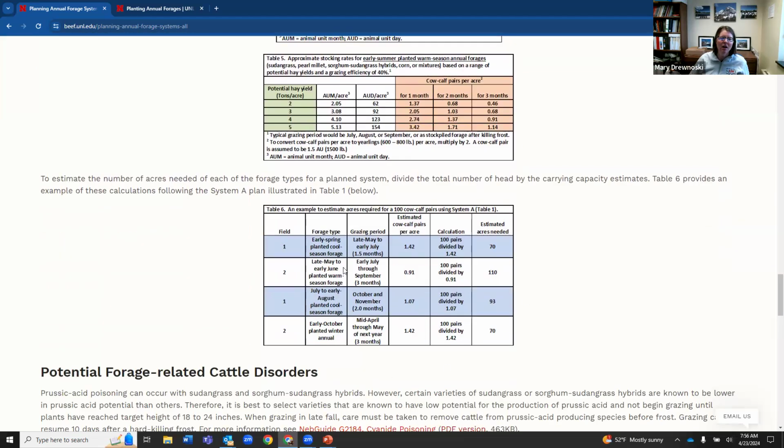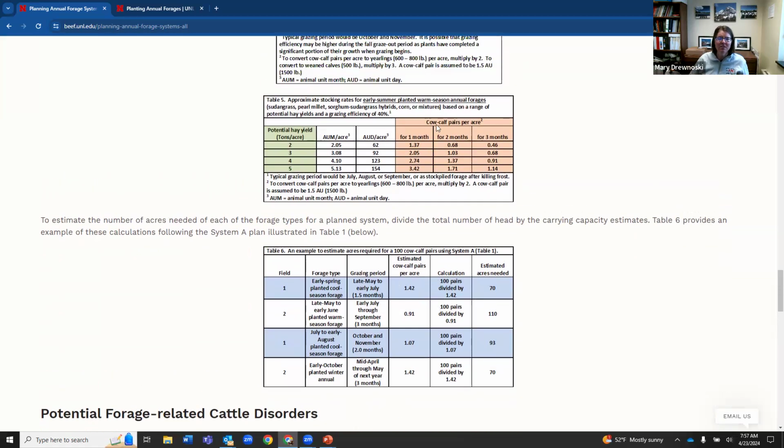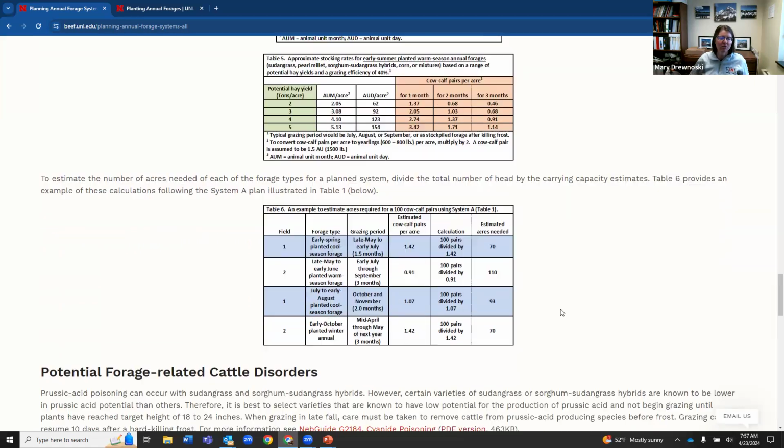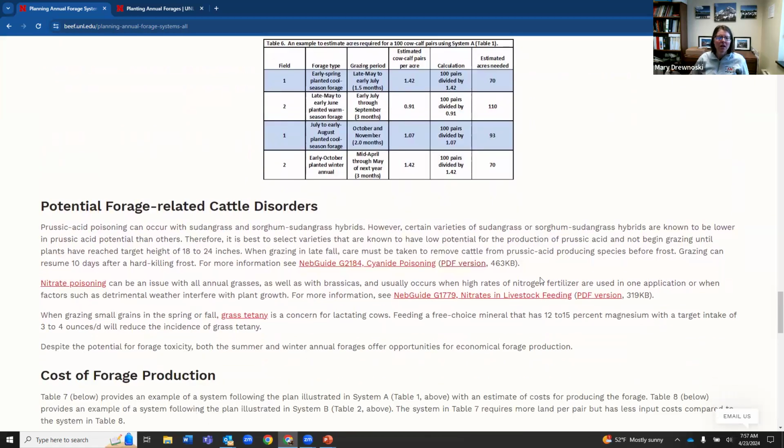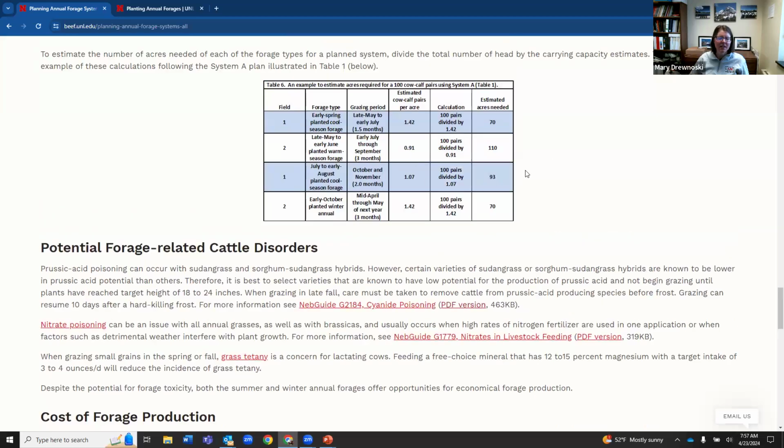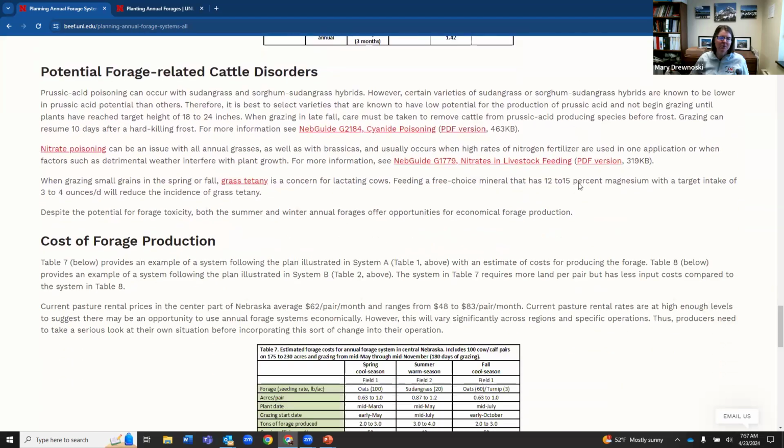And then we can show you here how to calculate how many acres you would need based off of the number of animals and the expected AUMs that you could get. So this is quite a useful document just to get you thinking about what the possibilities are.